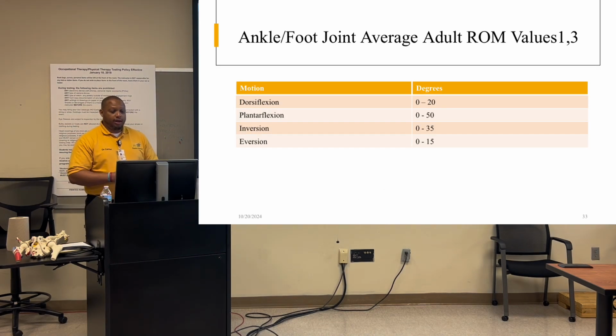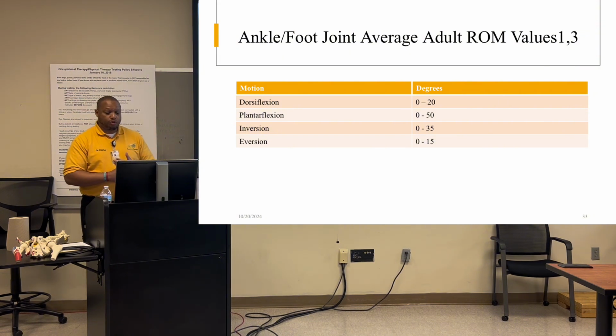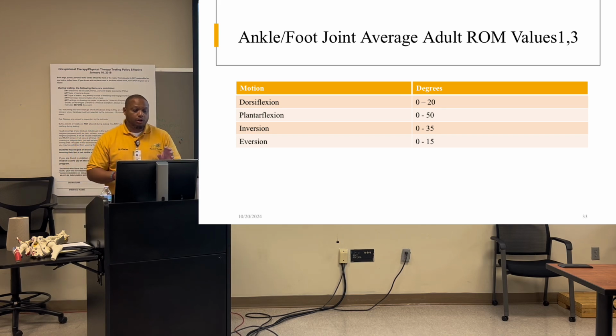Your ankle and foot joint average adult range of motion values, with dorsiflexion, as I indicated earlier, 0 to 20 degrees, plantar flexion, 0 to 50 degrees. And when we're talking about inversion and eversion, this can be tricky. So go double check, fact check Norkin and White. 35 degrees of inversion and 15 degrees of eversion typically refer to inversion and eversion at the talocrural joint.